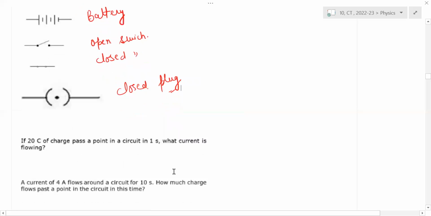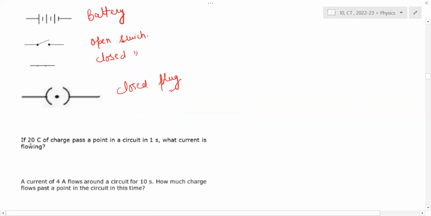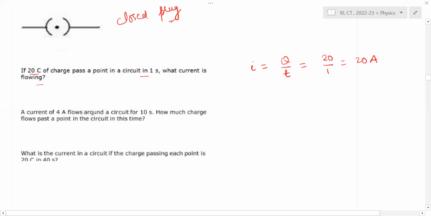Next point: if 20 coulomb of charge passes a point in the circuit in 1 second, what is the current? 20 amperes. Q by T, very good. 20 by 1 is 20 ampere. Next, 4 ampere current flows around the circuit for 10 seconds.